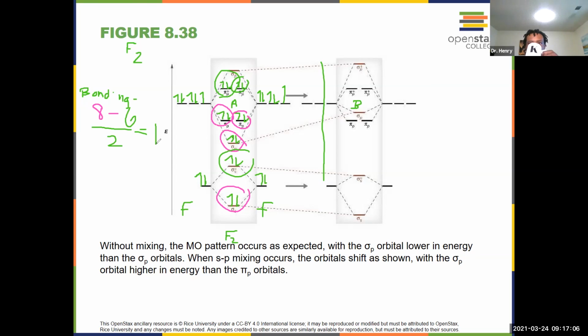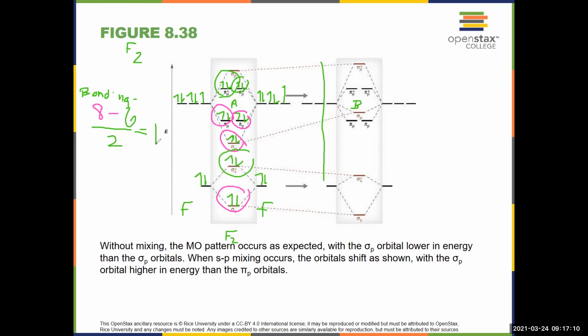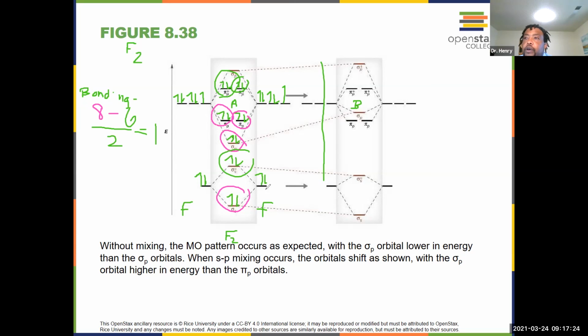Okay. Questions, concerns, Josh? So outside of the diagram, you fill up the valence electrons, and then in the center, when you combine them, you see where they land? Yeah. So the center represents the molecule.